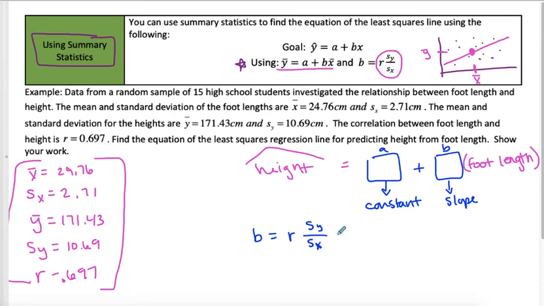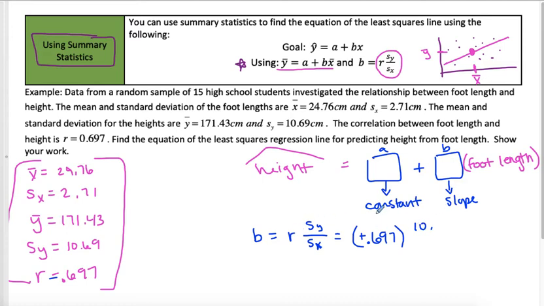So if I plug this in, we know R is 0.697. I don't know where I'm getting the negative. Whoop, that's R equals 0.697. We already said that had a positive association.